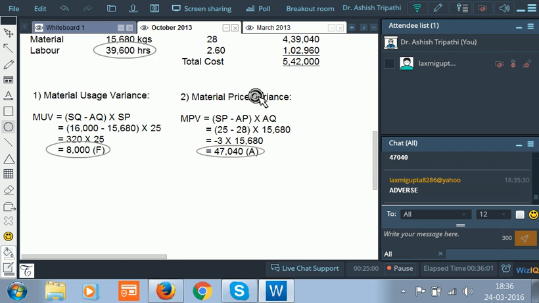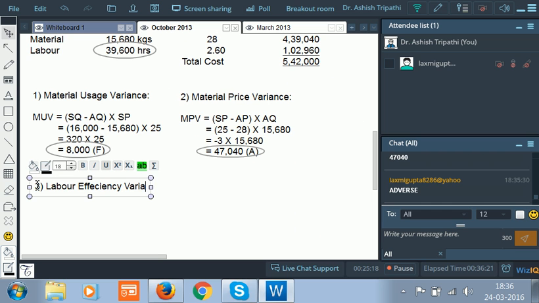So let us calculate labor efficiency variance. Third, labor efficiency variance.